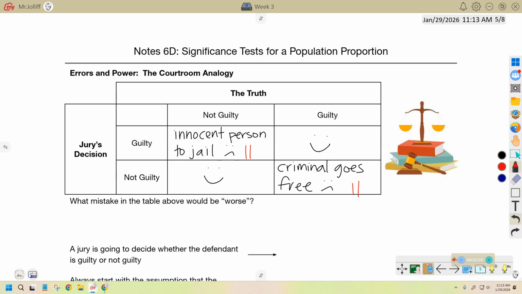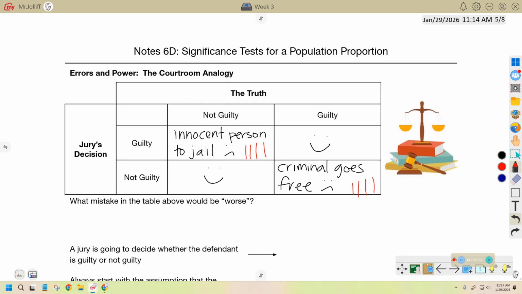Marilyn? Innocent person. Hilani? Innocent person. Isaac? Criminal goes free. Aaliyah, what did your table vote for? Criminal goes free. So 50-50.